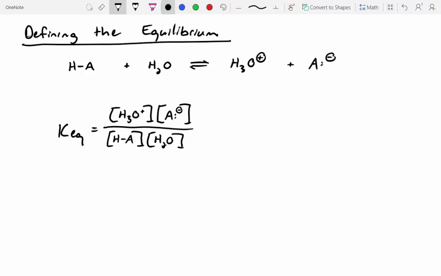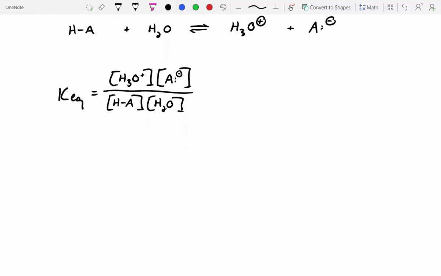Don't we not include water because it's a pure liquid? That's what we're going to talk about here in a second. You're getting ahead. All right, so we've got this really nice equilibrium constant. But you're right, water is a constant, right? So in this case, we're going to pull this constant over to this side.